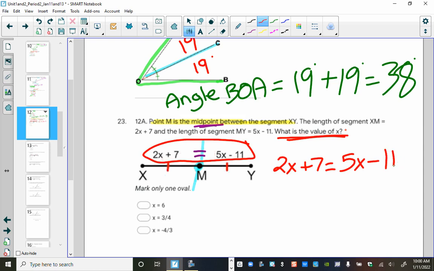You set them equal to each other. Your x's are on opposite sides. So if they're on opposite sides, well, we need to move a couple of terms.